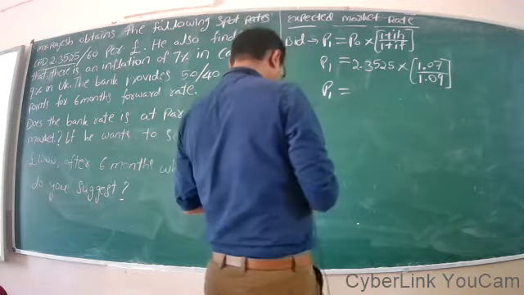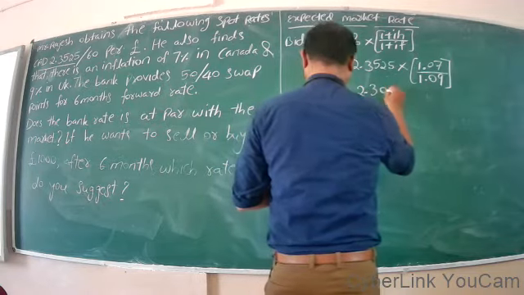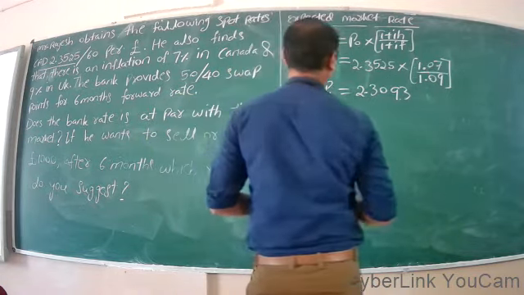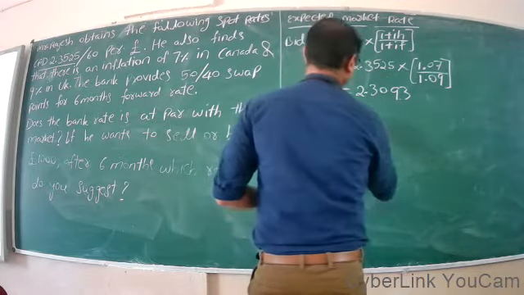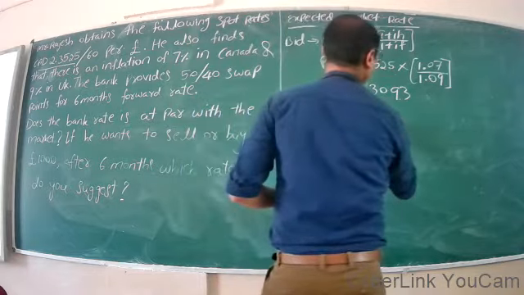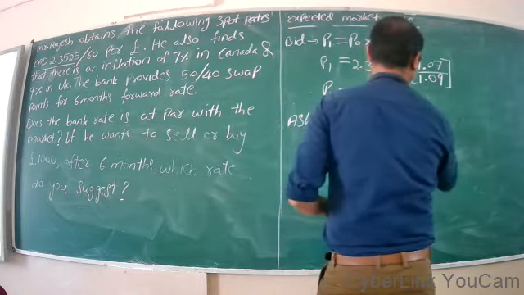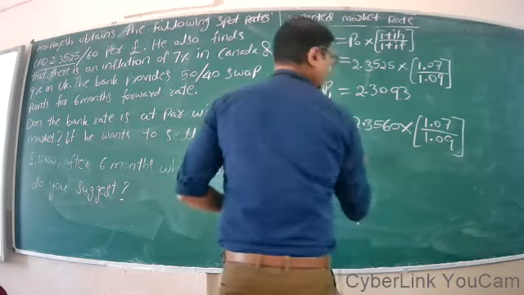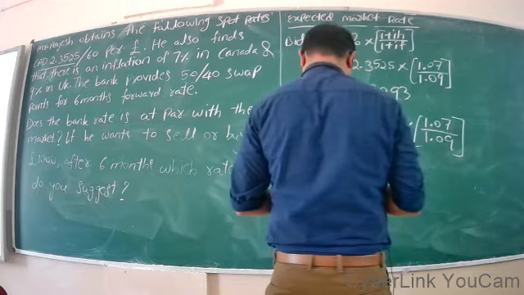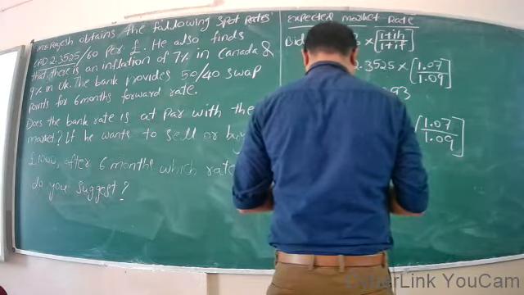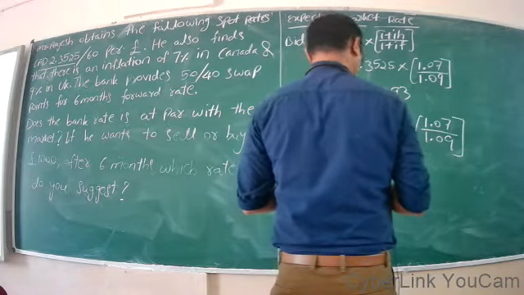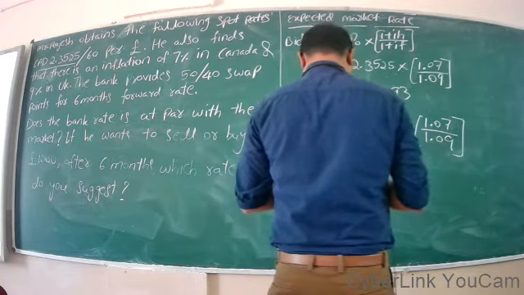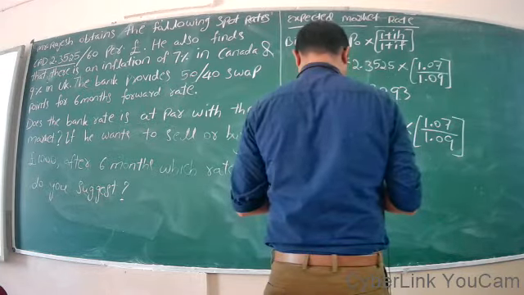So P1, the bid price, is 2.3093. Now the ask price, you can say P2, is equal to the ask price given in the problem, 2.3560, multiplied by 1.07 divided by 1.09, with 7% inflation in Canada and 9% in the UK.